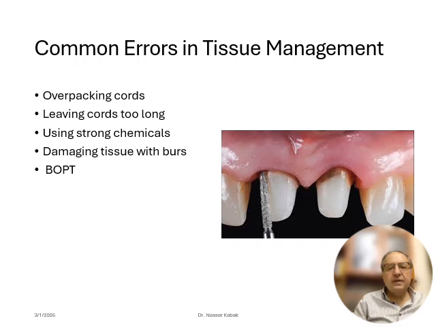There are some errors that can be committed by the dentist during tissue management. Sometimes we pack the cords too forcefully inside the sulcus. We leave the cords for too long. We use strong chemicals, and using burrs in a non-well-balanced way also might damage the gingival tissues.